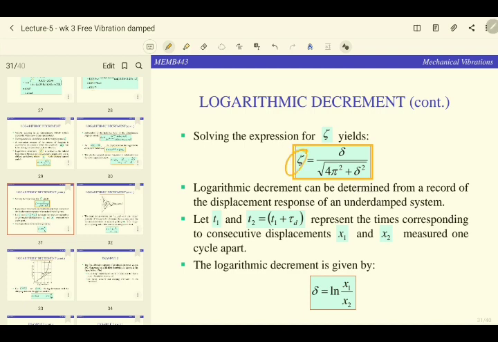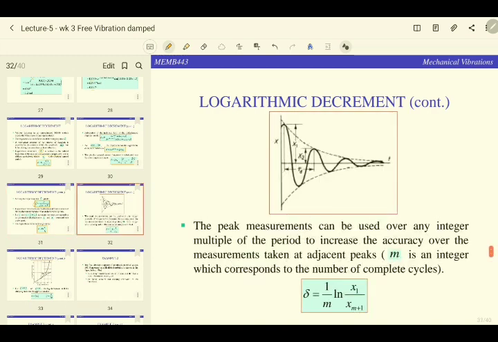If you look at this relationship, this is the general equation. If you have a peak x1 and a peak x2, it is basically ln x1 over x2. Take a look at this figure. It's quite similar to the figure in the previous slides just now. You can see that you have x1 and x2, basically this peak here and this peak here.